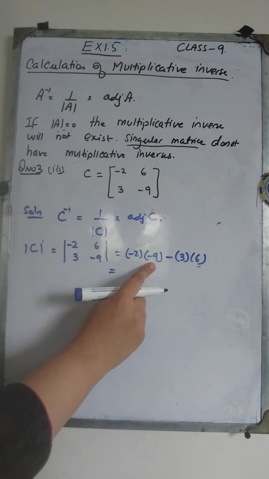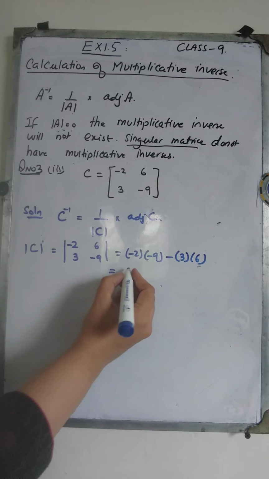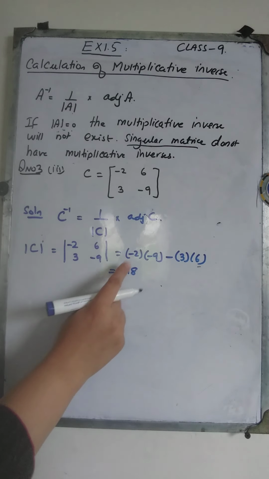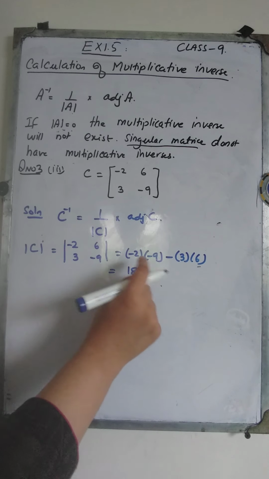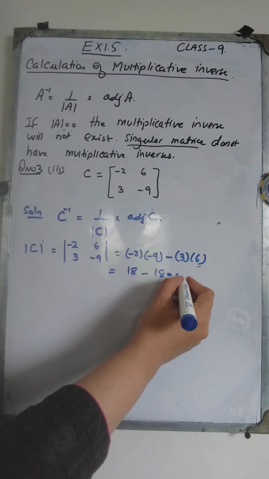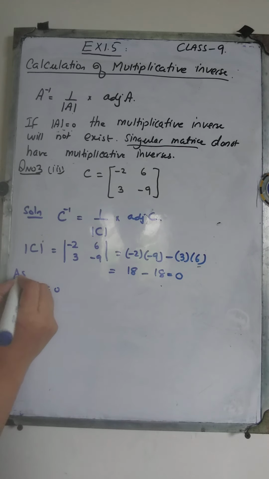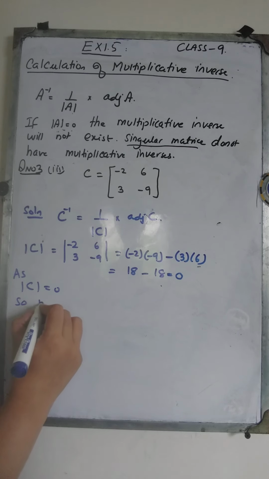Negative and negative, both numbers will be multiplied to give positive 18, because both the numbers are negative. Minus 3 into 6 is again 18. The determinant is equal to 0. As the determinant is equal to 0, the multiplicative inverse will not exist.